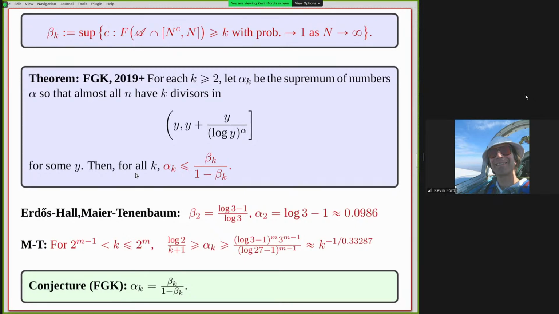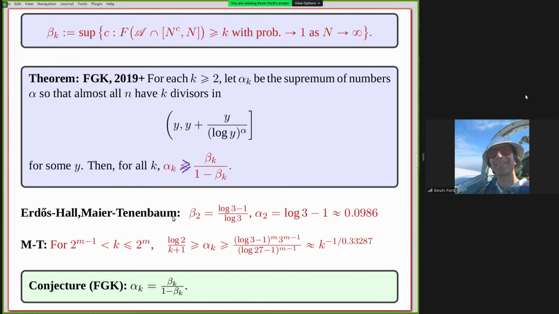I believe, sorry, this is a typo here. Yeah, so it should be a lower bound. Sorry about that. So there's a lower bound on alpha k. We want to prove that alpha k is somehow large. And we conjecture equality.